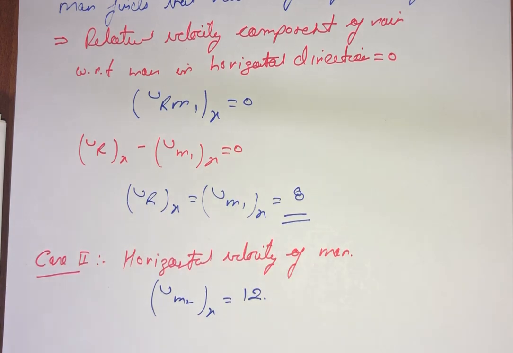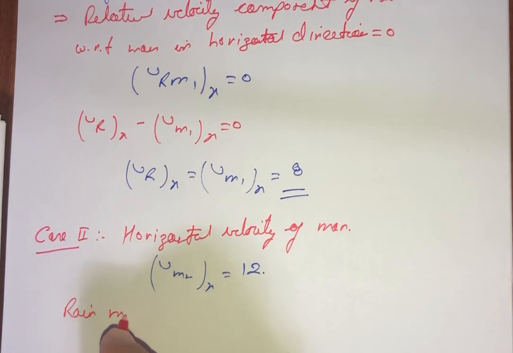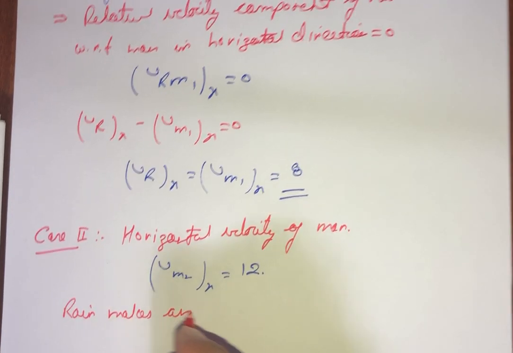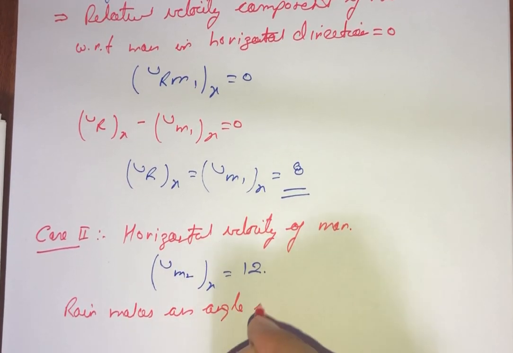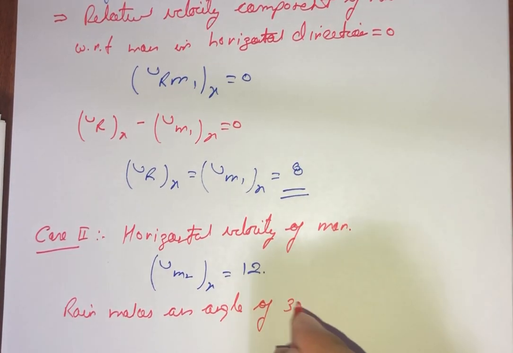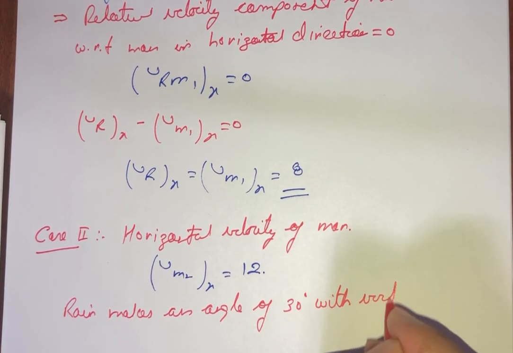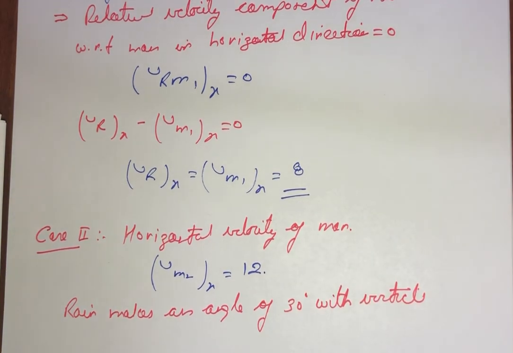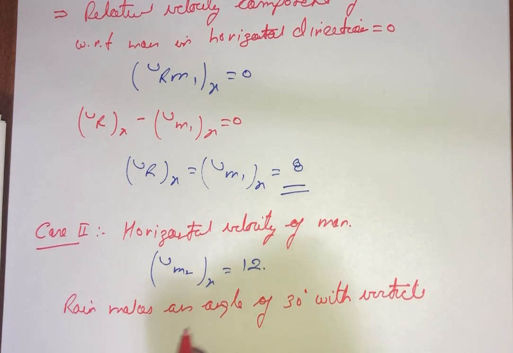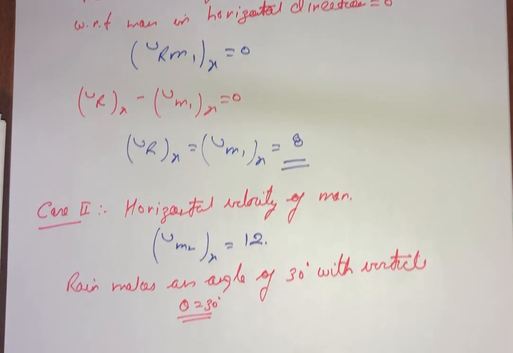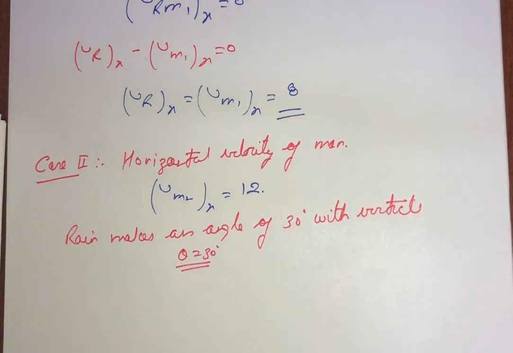Okay, so we can say that rain makes an angle of 30 degrees with the vertical. Let the angle be theta, so theta will be equal to 30 degrees.